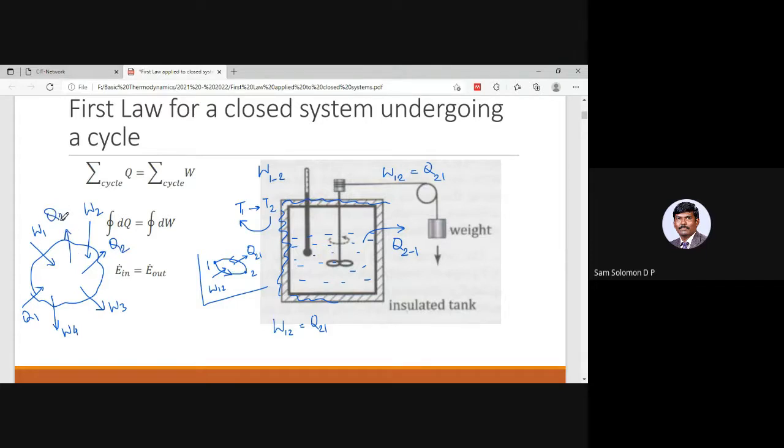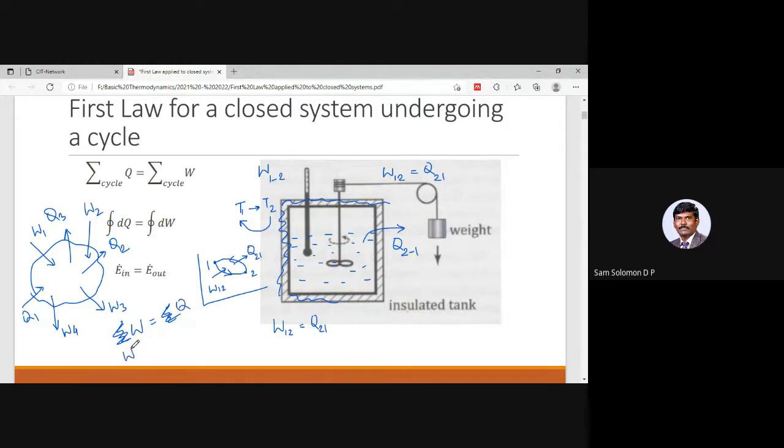So here I have multiple work and multiple heat transfer. And if all these processes form a cycle, then summation of Q is equal to summation of W.